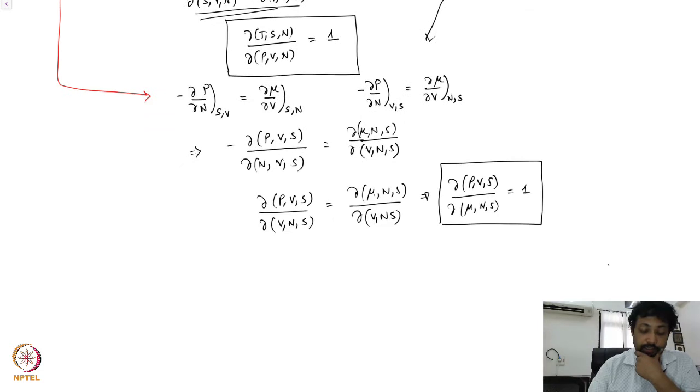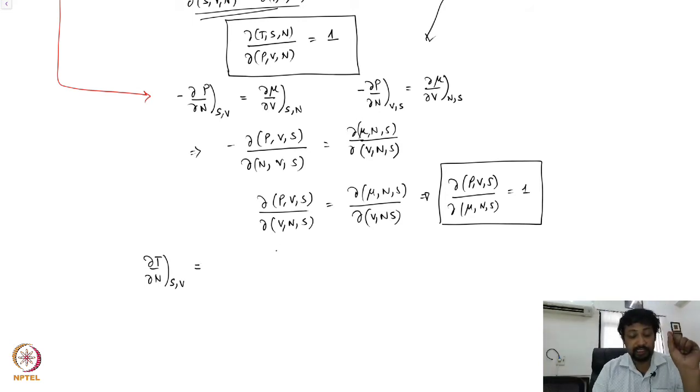What about the third? The third is del T, del N at S comma V. This is the relation between the TdS term and mu dN term, right?